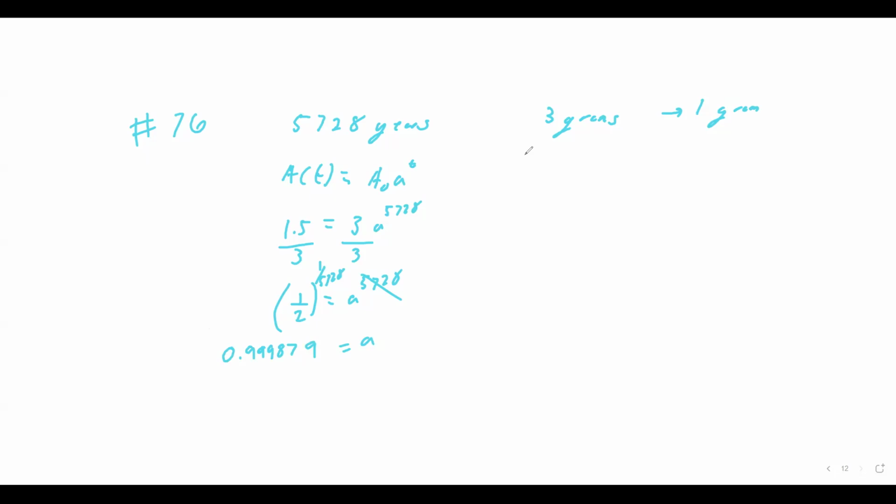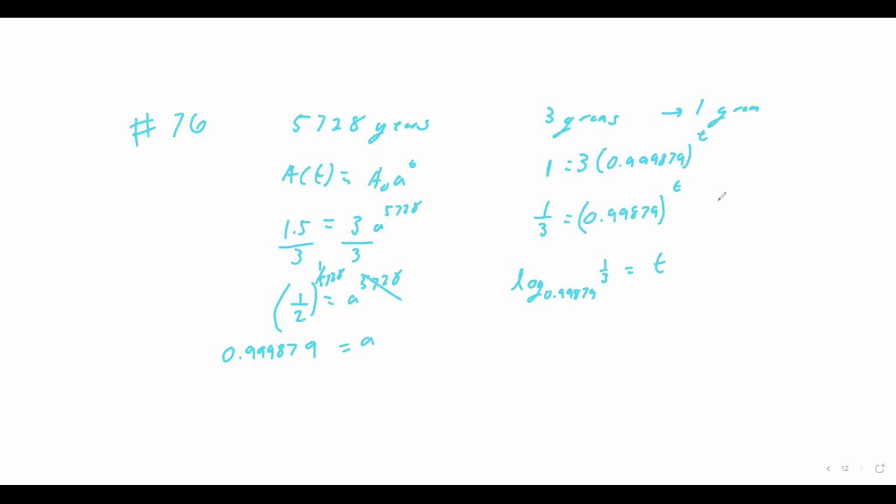So then when I plug this in again, 1 is how many grams I want. I started with 3. I now know my a is 0.999879, and I want to know how long that takes. So now this is going to be a third of what I want. Using the log rule, this will become log base 0.999879 of 1/3 will equal my t.